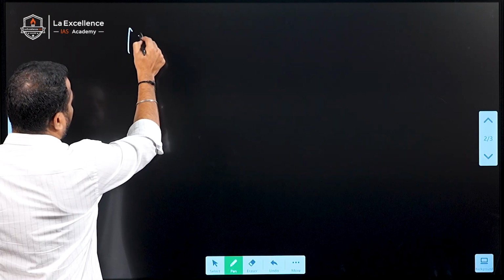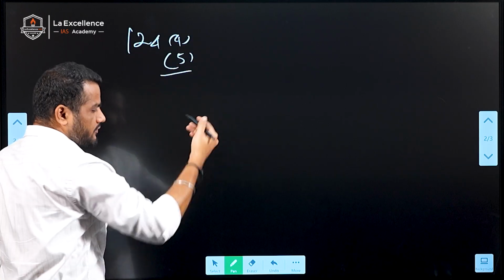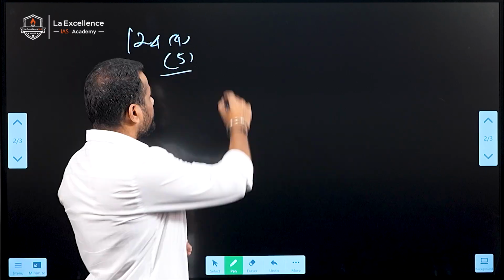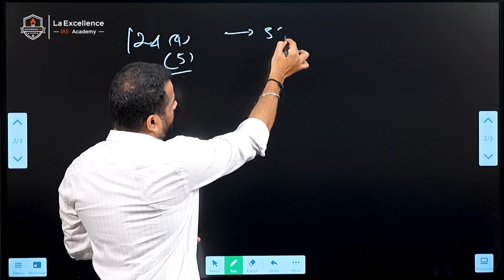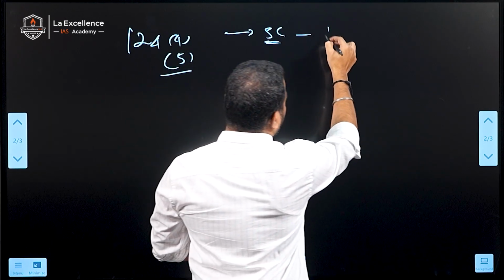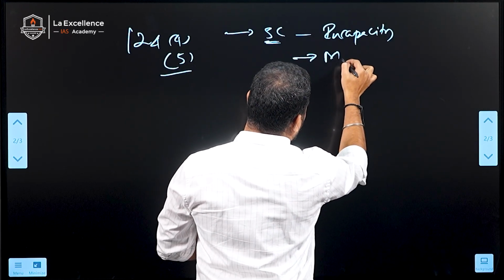But what do Article 124 subclause 4 and 5 say? They say that a Supreme Court judge can be removed from office on 2 grounds. One is incapacity, another one is misbehavior.